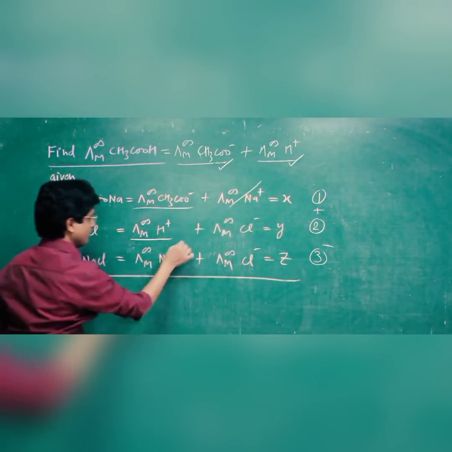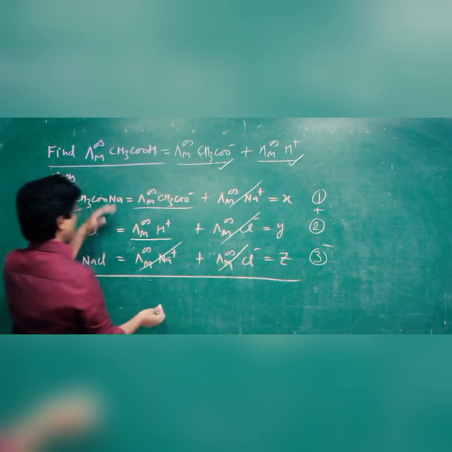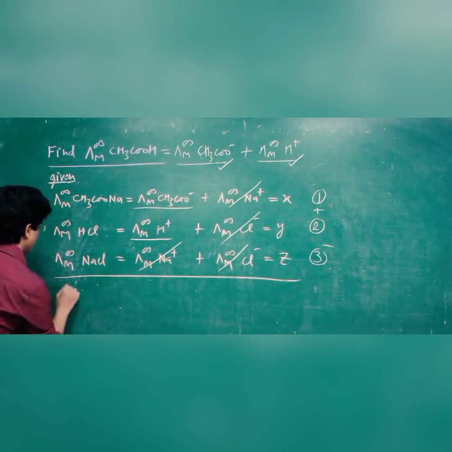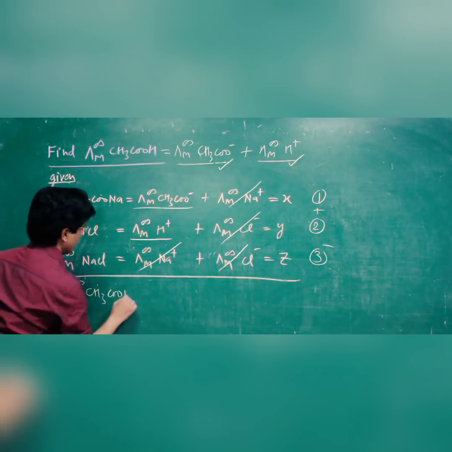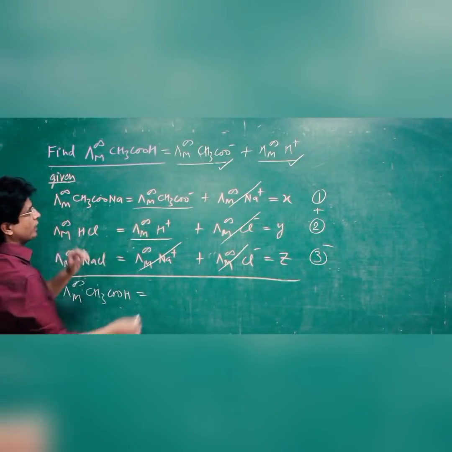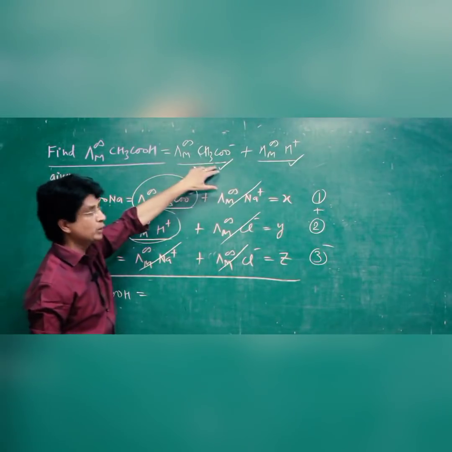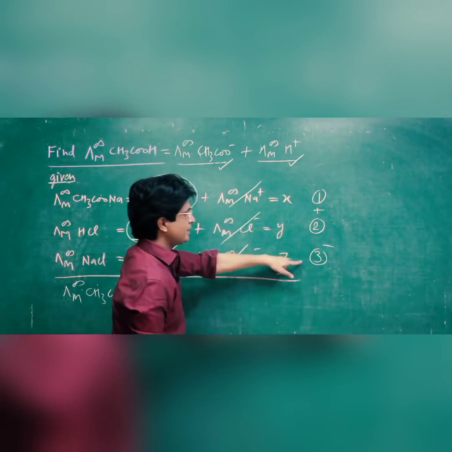The Na+ will be cancelled, the Cl- will be cancelled. So the molar conductance of CH3COOH will be equal to what? I am left with only the acetate ion and H+ ion, which is what I require. How did I get it? By adding the first two and subtracting the third.